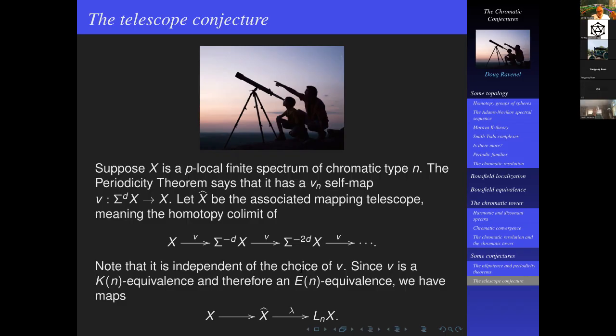Now, all of these maps induce isomorphisms in the nth Morava K-theory, and that means they also induce isomorphisms in the Johnson-Wilson E_n, and that means that we have a map from X hat to L_n X. So L_n X is the E_n localization of X, and in this case, that's the same thing as the K_n localization of X.